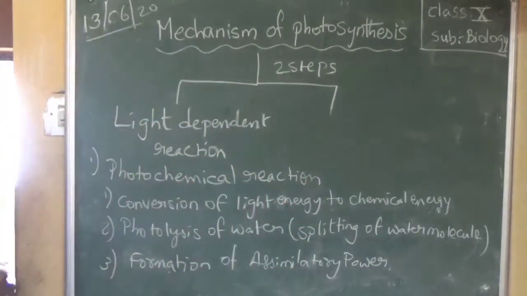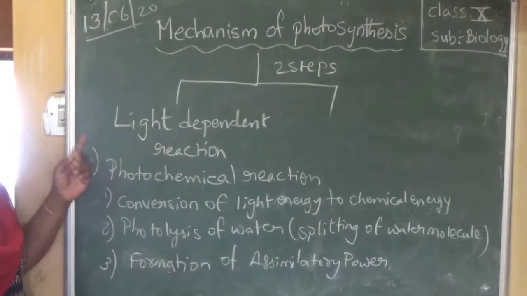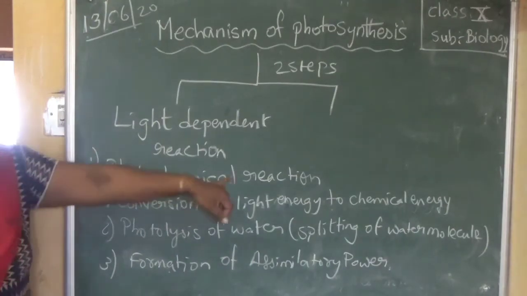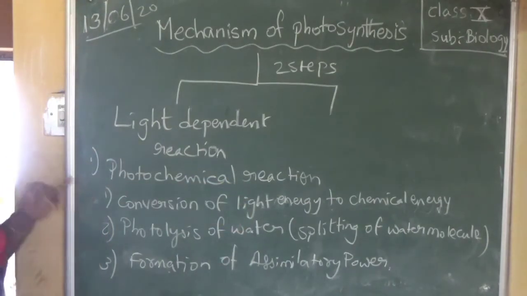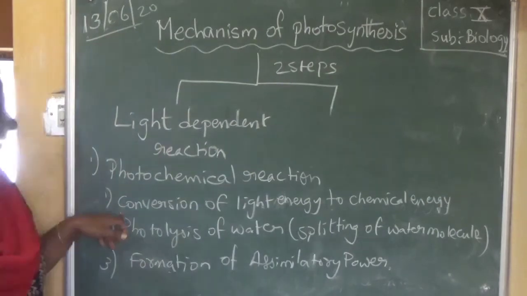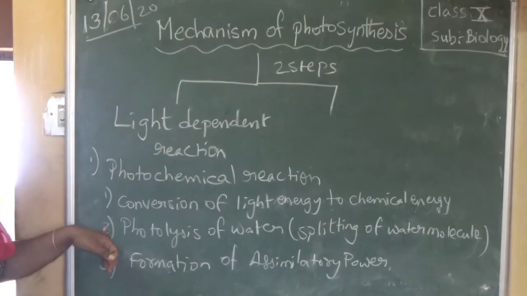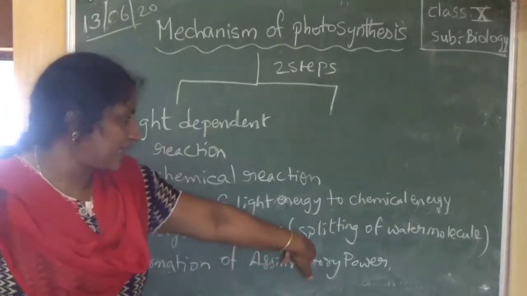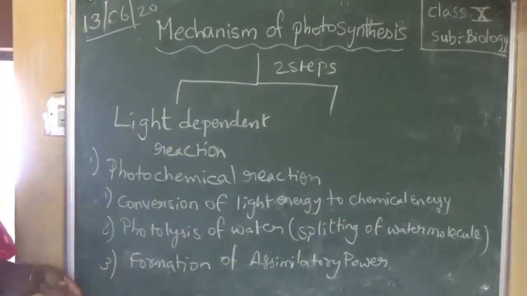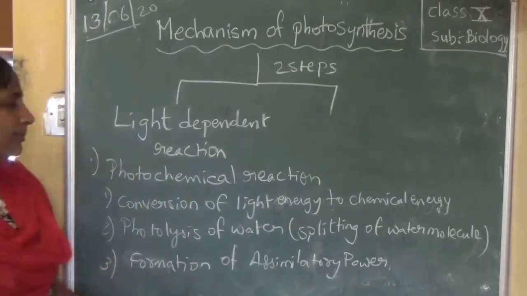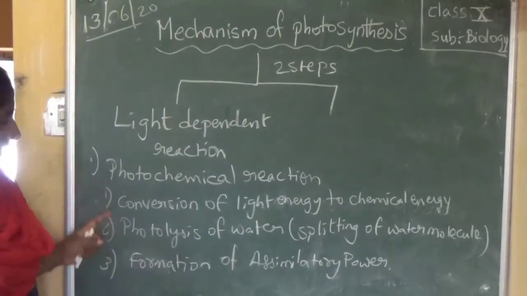Okay, so first step is light dependent reaction, which is also called photochemical reaction. It has three sub-steps. First step is conversion of light energy to chemical energy, second is photolysis of water, also called splitting of water molecule. Third step is formation of assimilatory powers. So let us discuss these steps.